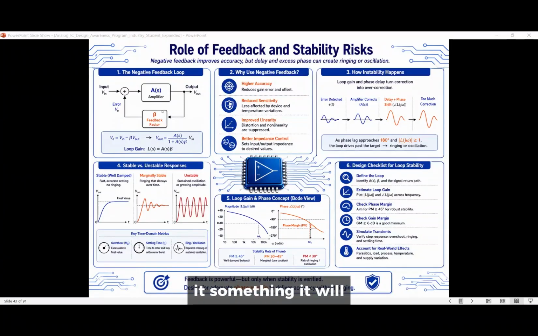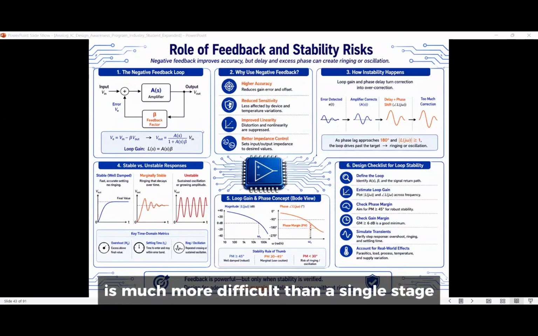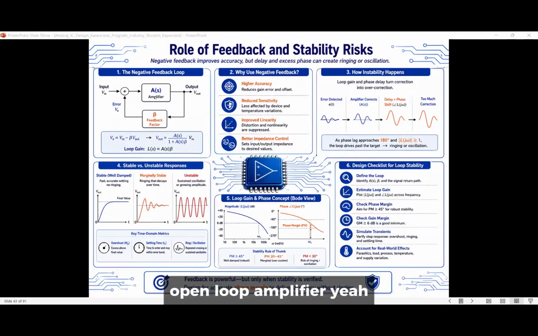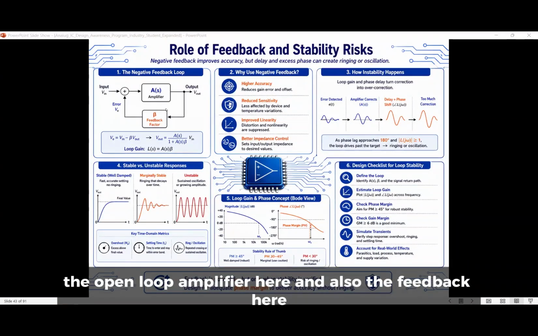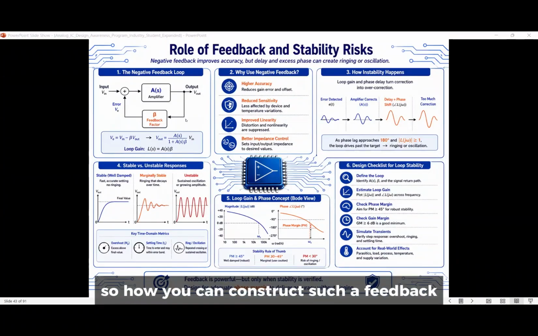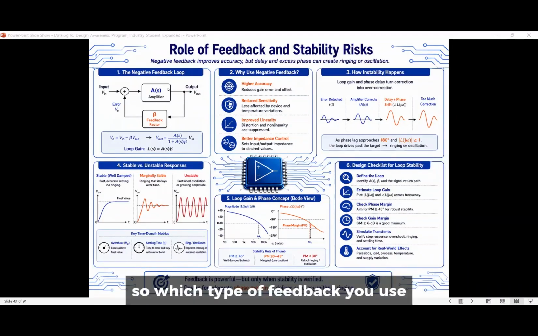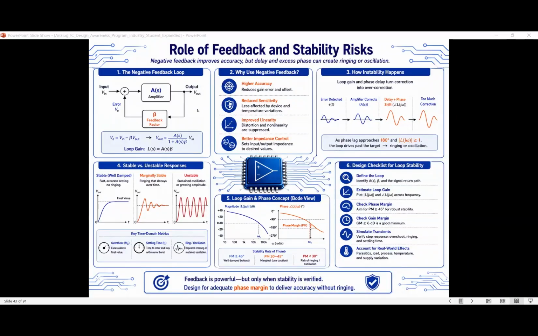Sometimes there will be feedback, and feedback is much more difficult than a single stage open loop amplifier, because it relates to the design of the open loop amplifier and also the feedback. So how can you construct such a feedback? Because we have four types of feedback, which type of feedback do you use and which kind of amplifier do you prefer?